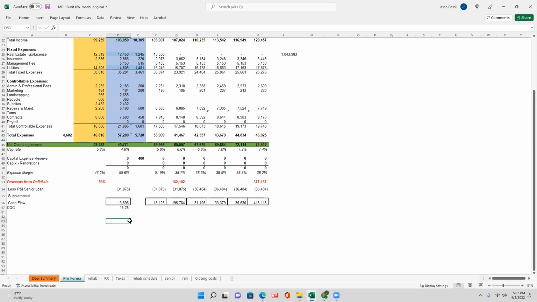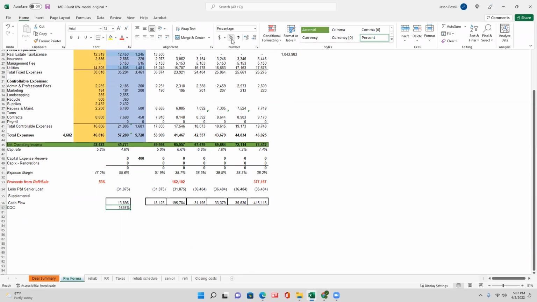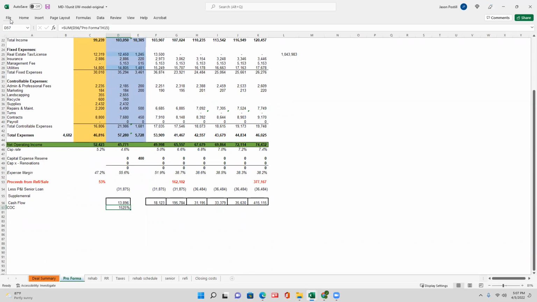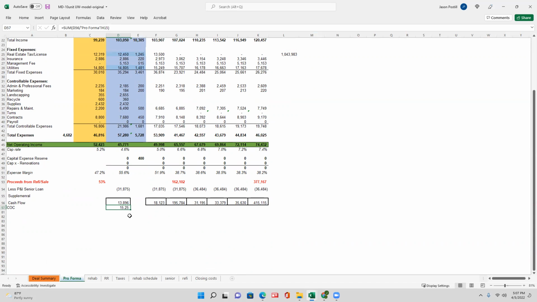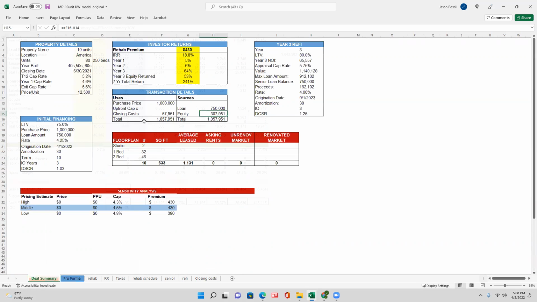Bam. So you see this 15 point, no, shoot. I didn't want to make this a formula class, but do you see 15.25? That's a good cash on cash return. So what that means is the cash flow kicking off after the debt service divided by my equity in the deal, which is 307.